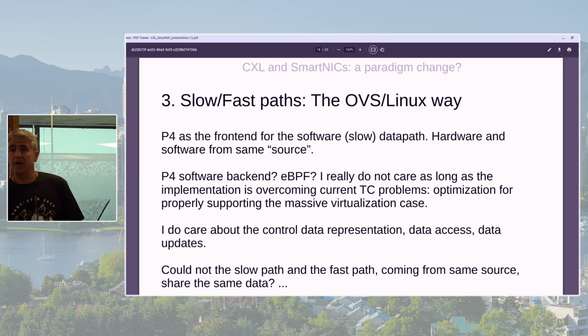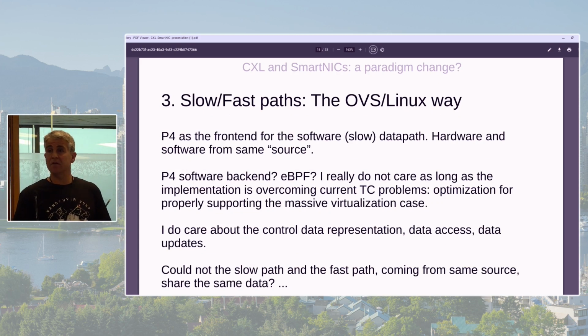Regarding P4, the possibility of having a P4 slow data path, I don't know if that is going to happen. I think it's more likely to happen in software than in hardware, because in hardware there are some huge problems to solve.